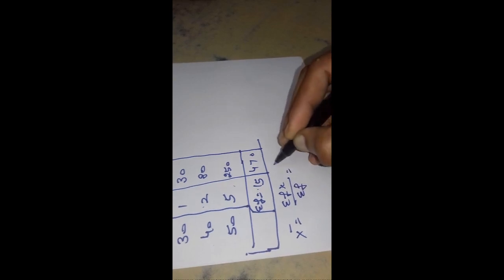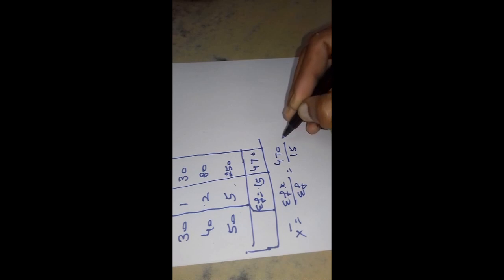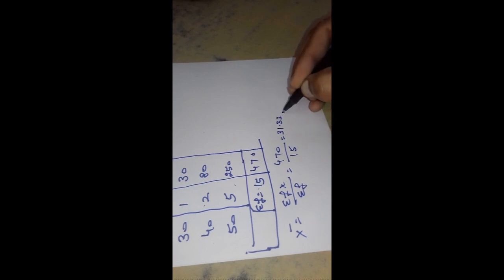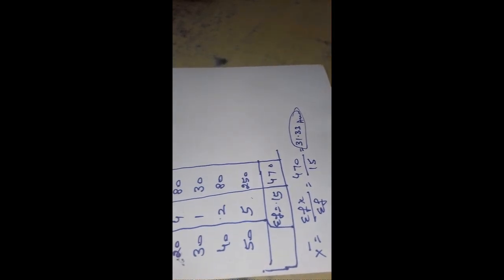Now put in the formula: x bar equals summation fx over summation f equals 470 divided by 15, equals, let's divide it, 31.33. This is the answer. We can solve it in this way.